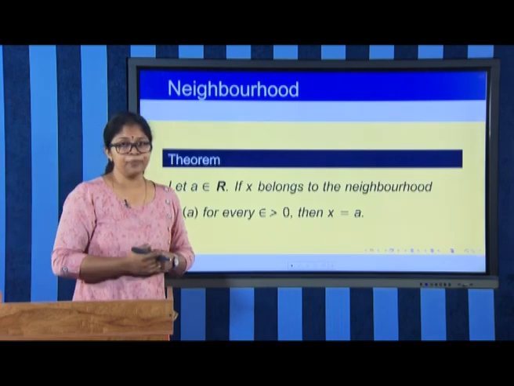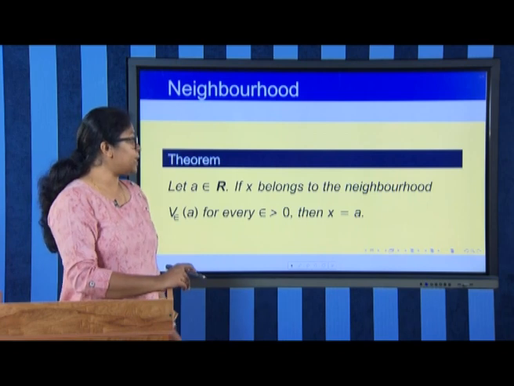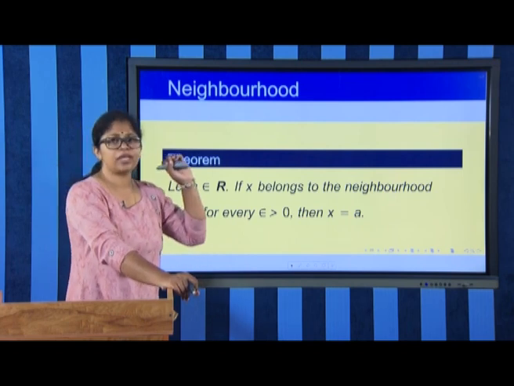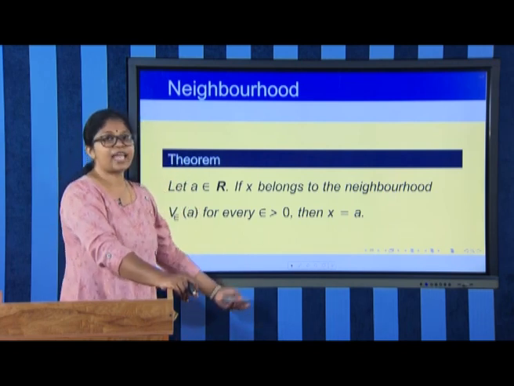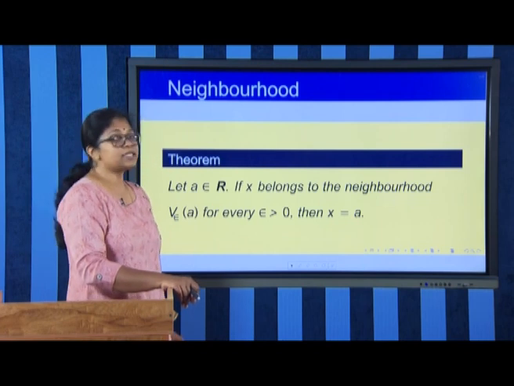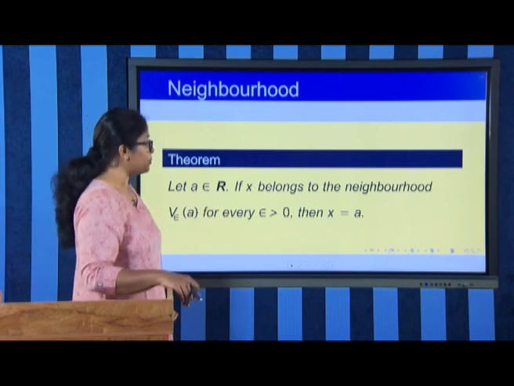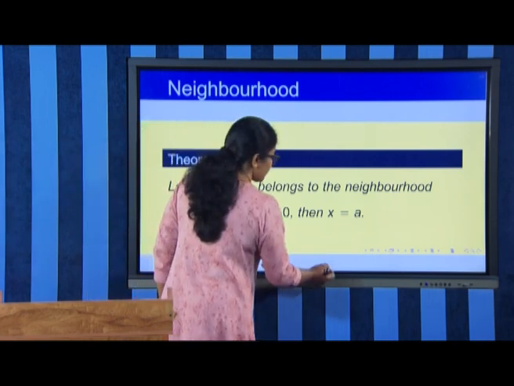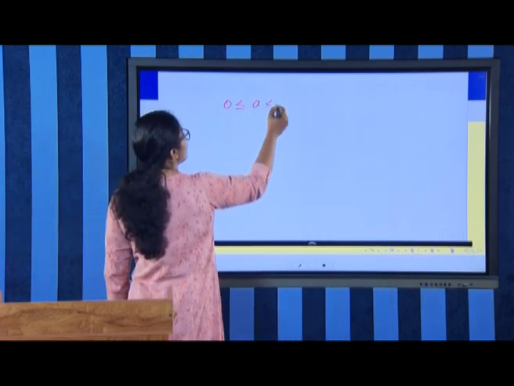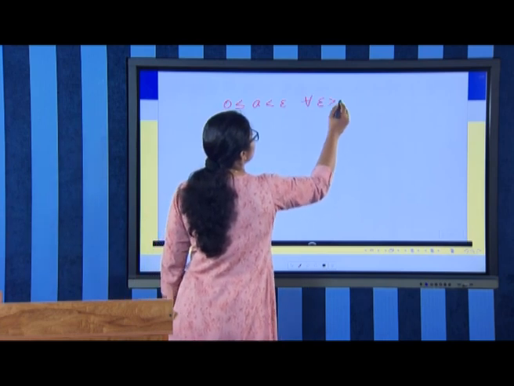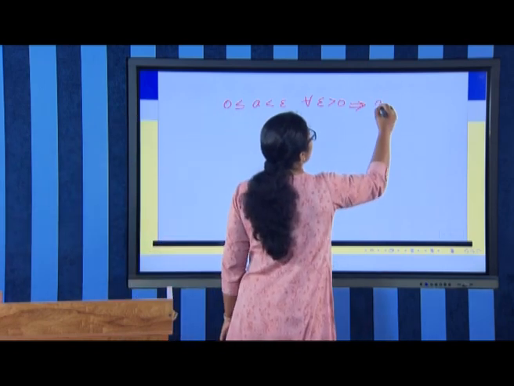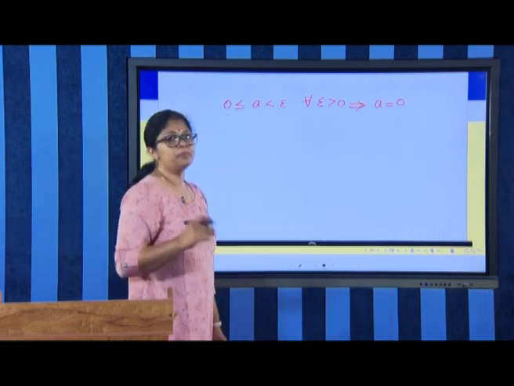Then we have a theorem which states that if A is a real number, and if x belongs to the epsilon neighborhood V epsilon of A for every positive epsilon greater than 0, then x has no other alternative, x has to be equal to A. This is similar to the result that we discussed in one of the previous sessions, which was: if you have 0 less than or equal to A less than epsilon for every epsilon greater than 0, then A has to be squeezed to A equal to 0, because A does not have any other option than to go back to 0.